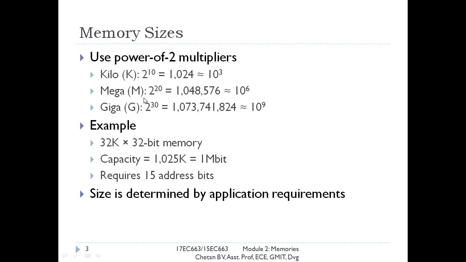Next is mega, which is 2 power 20, which gives 1048576. And also this 2 power 20 is not equal to 10 power 6, the mega that we use for numerical calculations. Giga, represented by capital G, is 2 power 30, which gives 1073741824, and this is also not exactly equal to 10 power 9, the giga that we use.